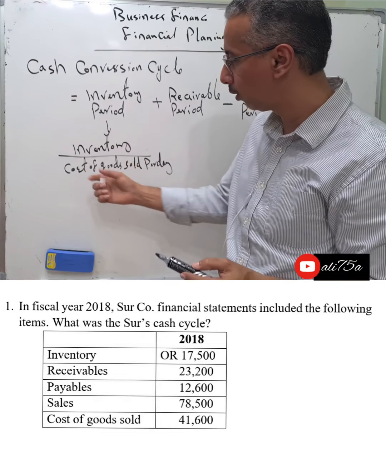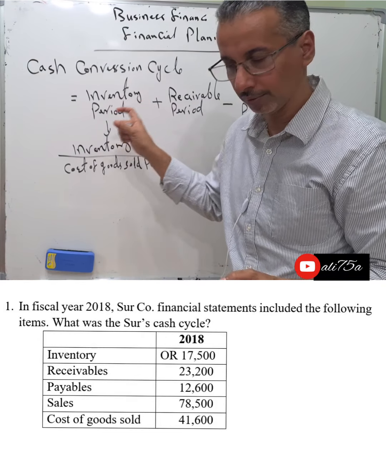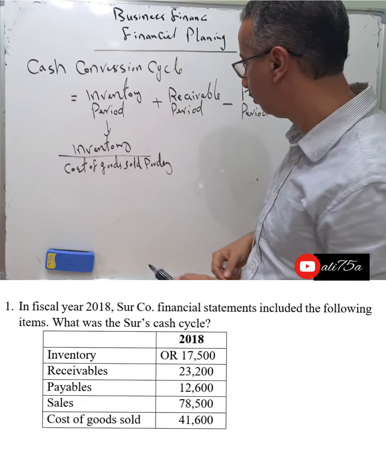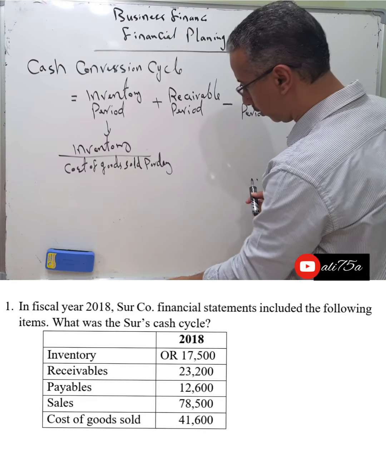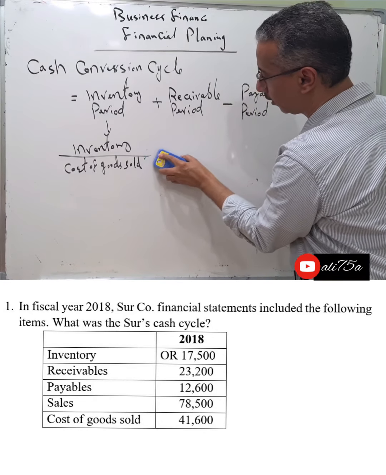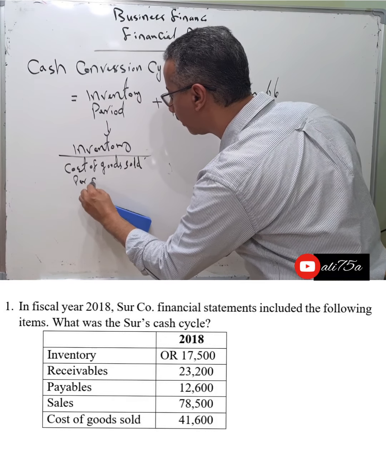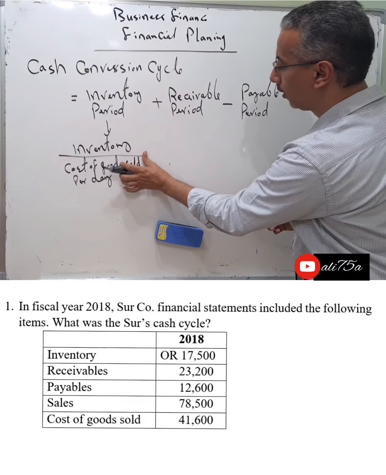How? We find the cost of goods sold and divide it by the 365 days in the year. We will get the cost per day.